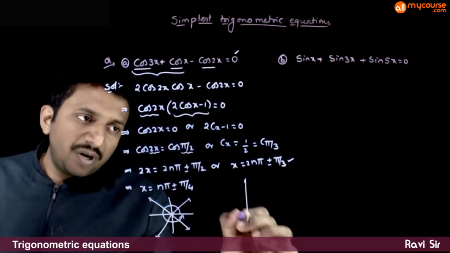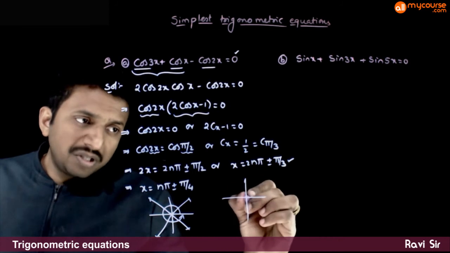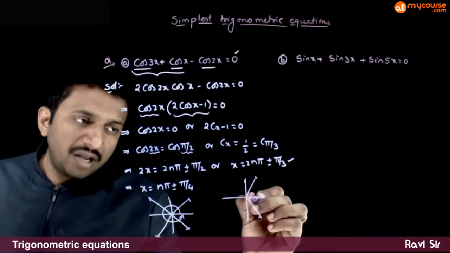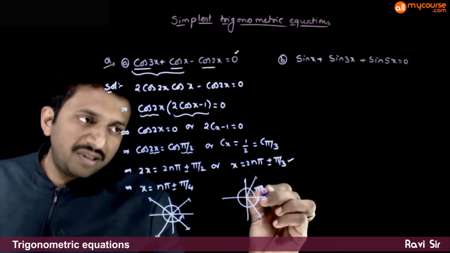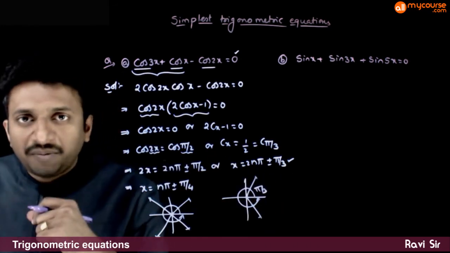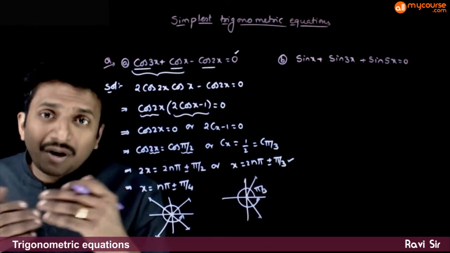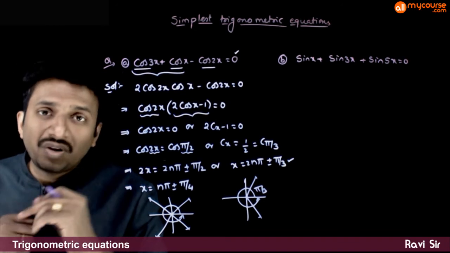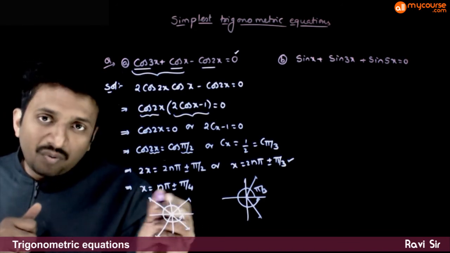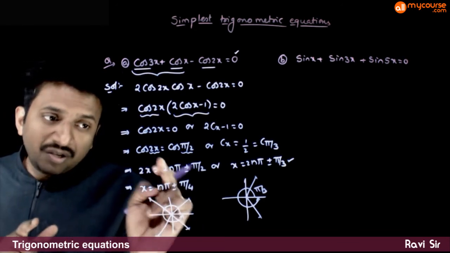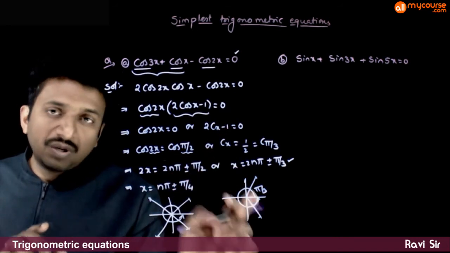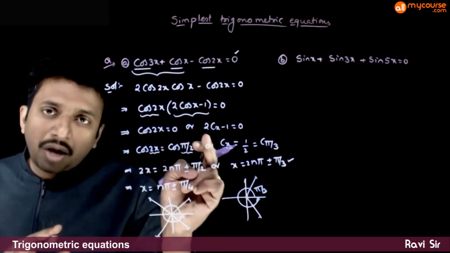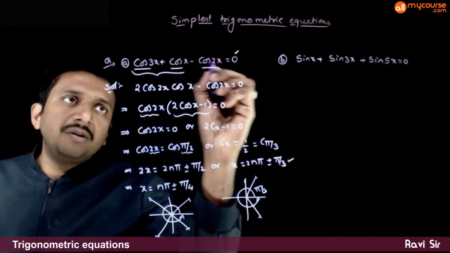Next, corresponding to 2n pi plus or minus pi by 3, you have only 2 positions per revolution. So if I ask you the number of principal solutions, the answer for this question would be 6. Within one rotation, this equation gives 4 solutions and this equation gives 2 solutions, so effectively this or this gives 6 principal solutions.